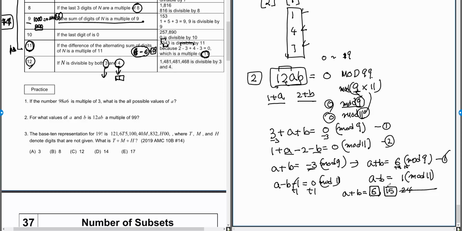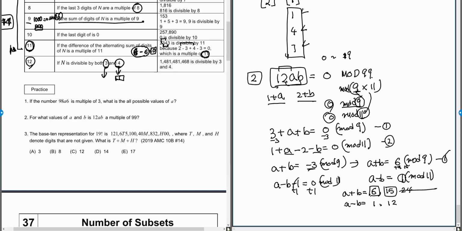A plus B. A minus B, remainder is 1, what is that? It can be 1. The next one is what? Negative plus 11 is what? 12. It's okay? 12 is divisible, but can you make a 12 over here?